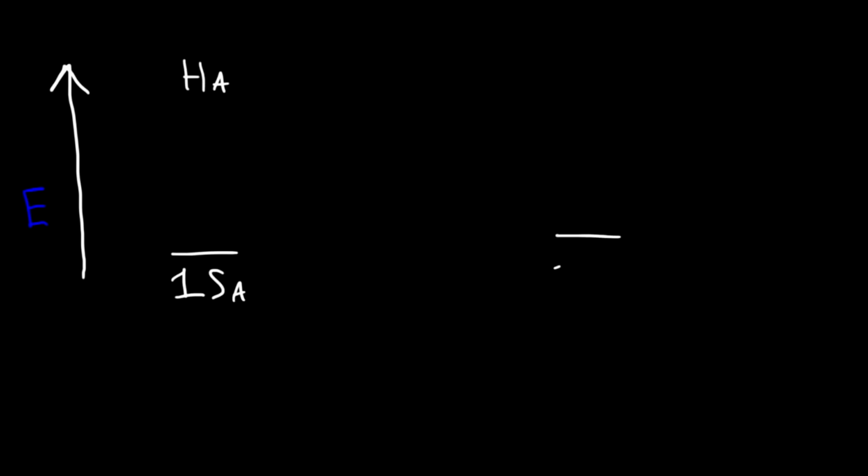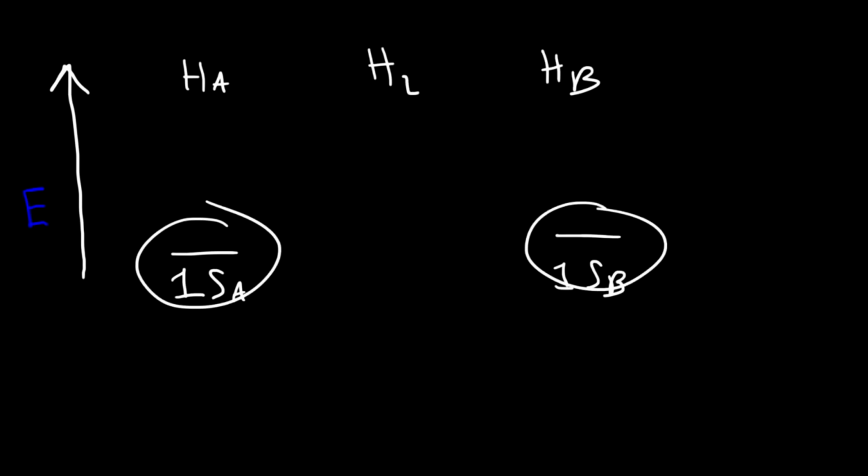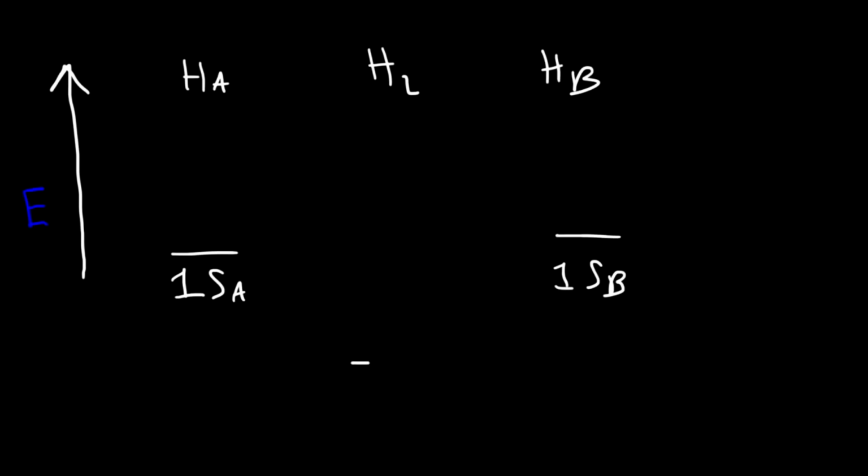Now let's talk about the energy diagram of a molecular orbital. We're going to combine the 1s orbital of hydrogen A with the 1s orbital of hydrogen B. When these two atoms get together, they will create the H2 molecule. If we're combining two atomic orbitals, two molecular orbitals will be produced.